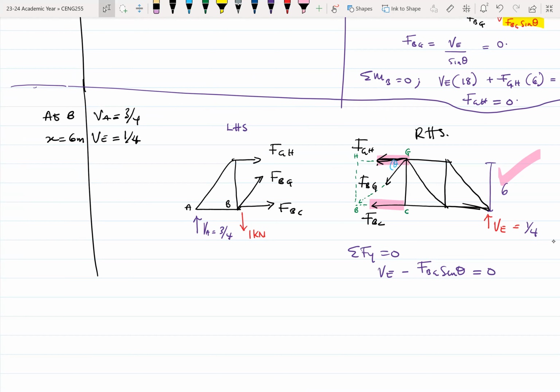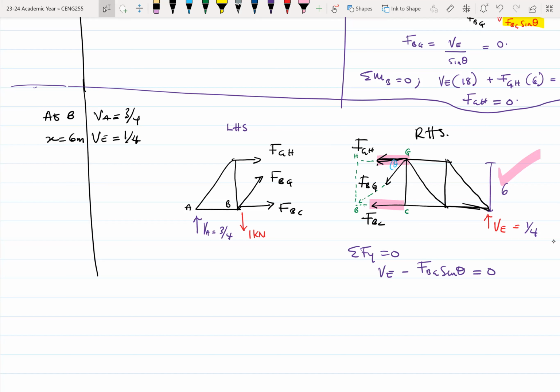The whole idea of what we are doing is that at every instant in time, the load has moved. Maybe at time t equals 0, the load was at A. At another time, the car has moved to B. At another time, it has also moved to C, and then D, and then E.